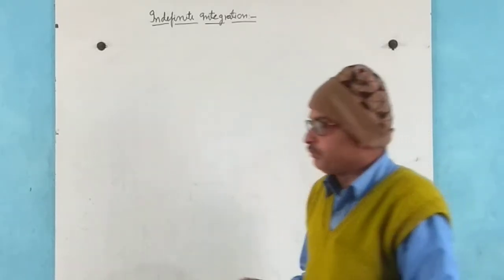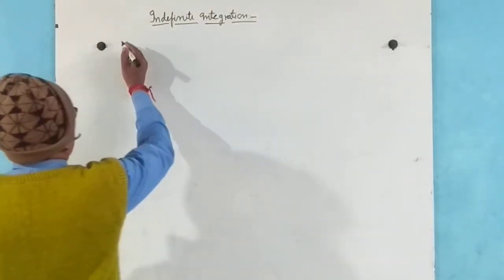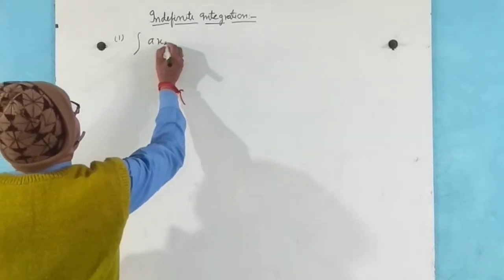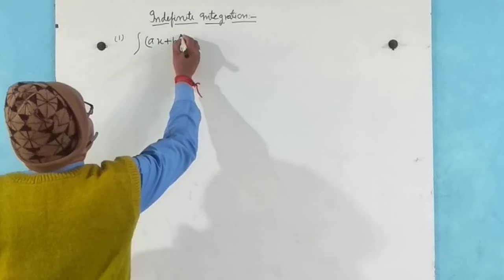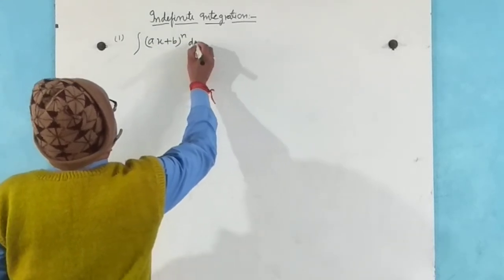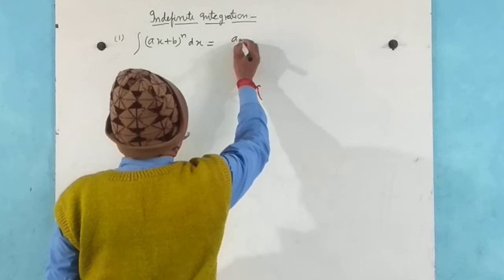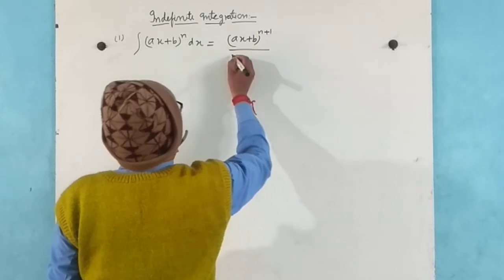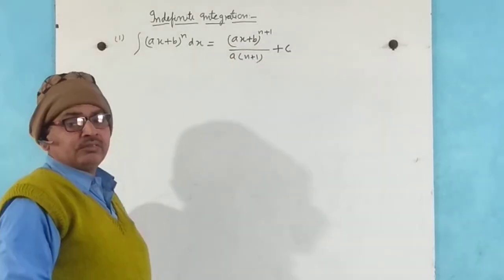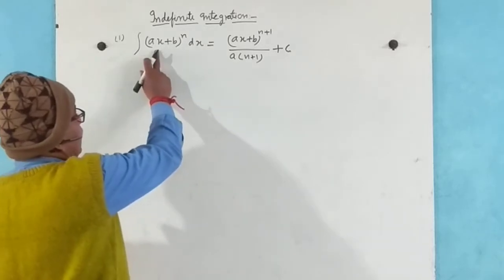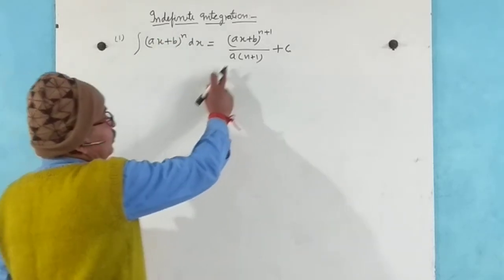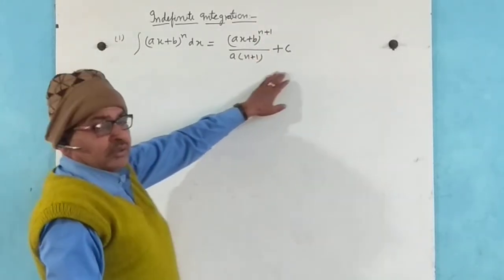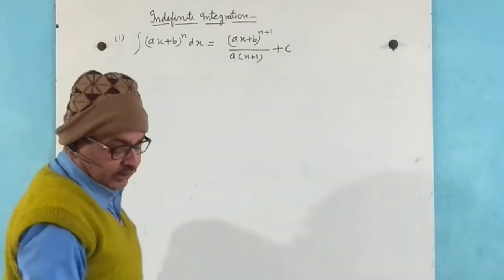Now today we use the formula: integration of (ax plus b) to the power n dx equals (ax plus b) to the power n plus 1, divided by a(n plus 1), plus c, where c is the integrating constant.